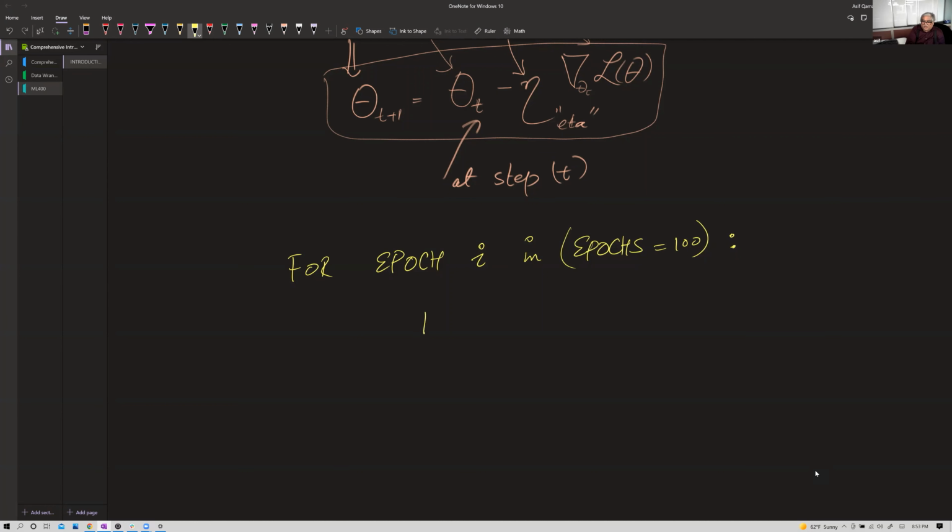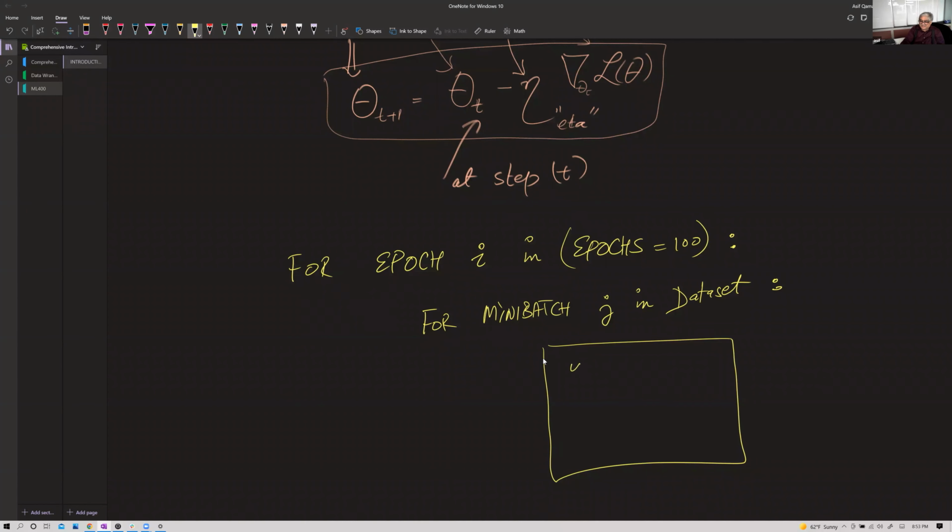For each epoch, for each step, like for each mini batch j in the data set, do the four crucial steps, the inner loop. What is that? Prediction: y hat is basically a function of whatever the current values of theta are and x, the input.